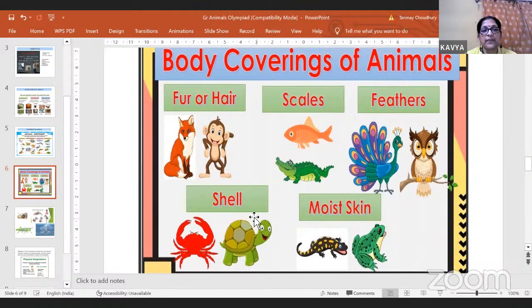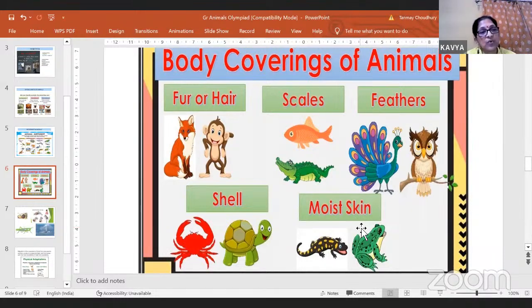So shell, for example, in crab, which is an invertebrate, and tortoise or turtles, which are vertebrates. Then moist skin, for example, frogs and salamanders. They all have a moist skin through which they breathe. Amphibians can live on both land and water. When they live on land, they breathe through lungs.